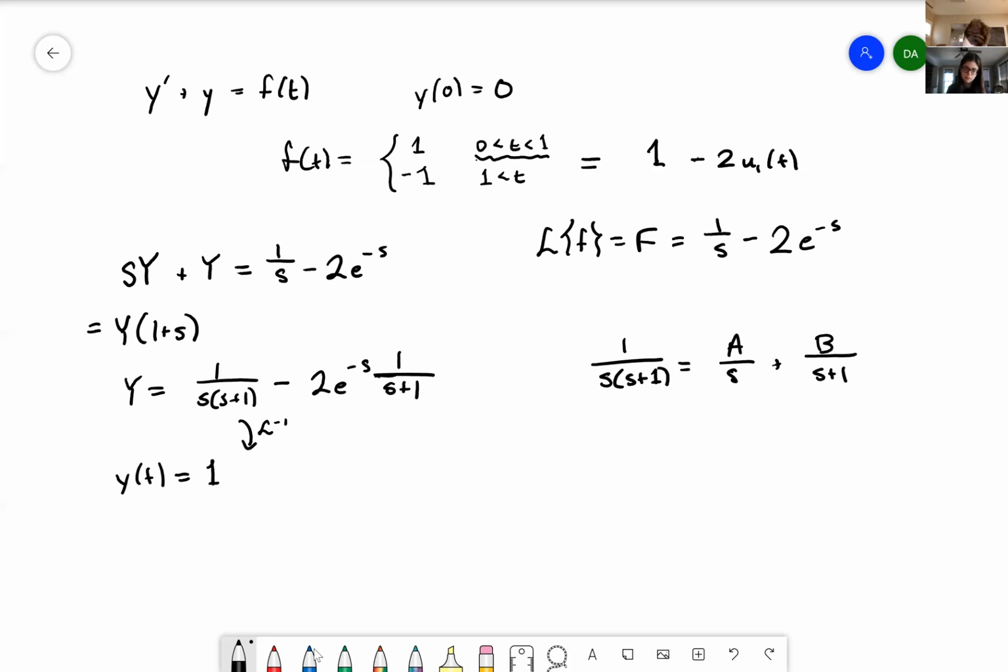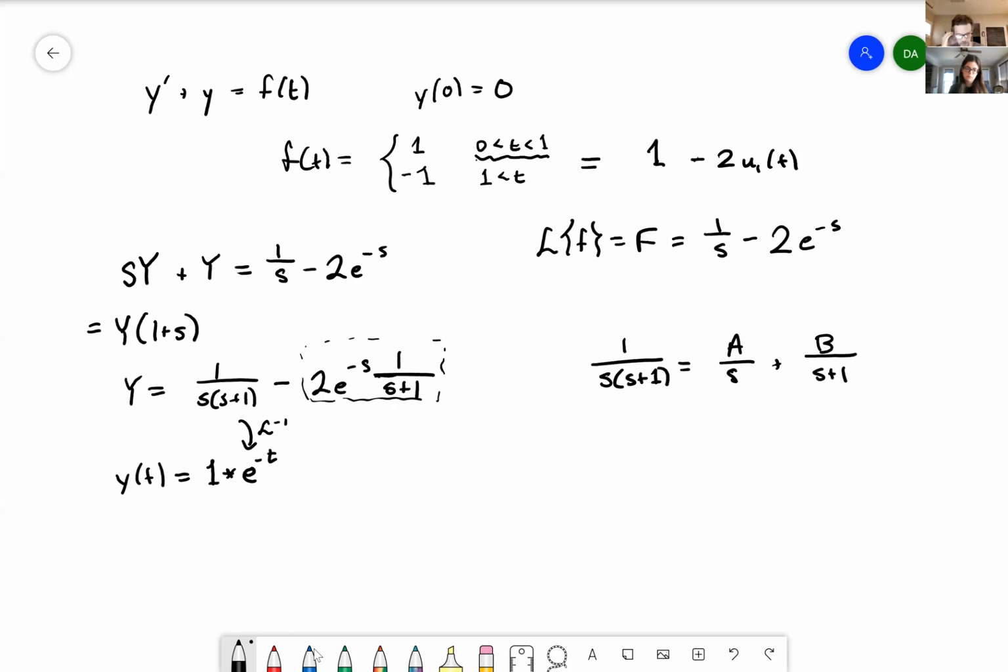So we have 1, and then that's involved with what we get for 1 over s plus 1, which should be e to the t. Double check that. e to the negative. So we would have the convolution there.